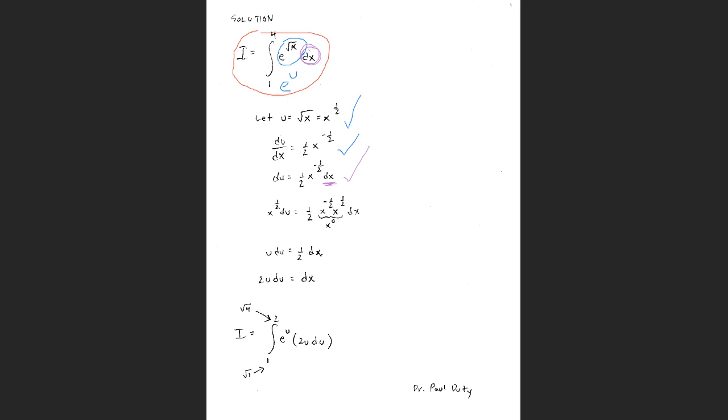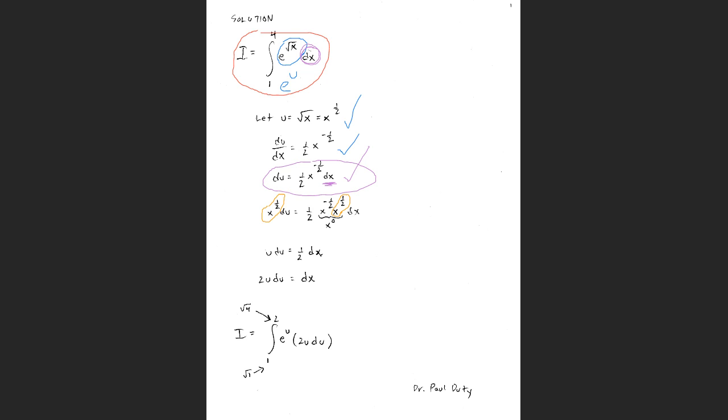So what if I multiplied both sides of this equation by x to the half power? It's an equation. If I multiply on the left by x to the half power, I multiply on the right by x to the half power. And why do I choose x to the half power?